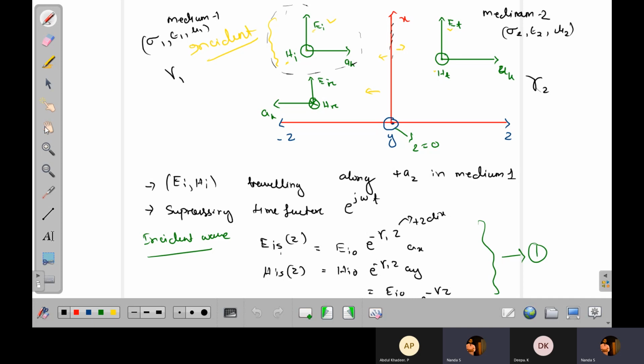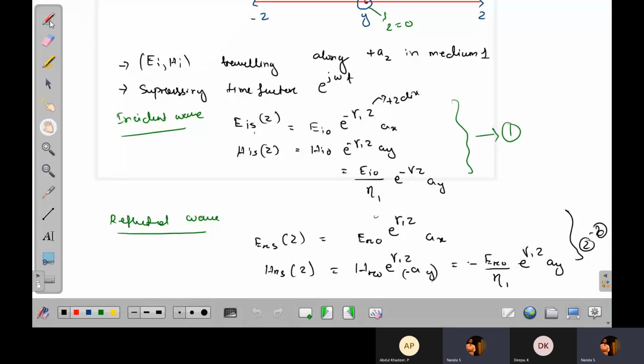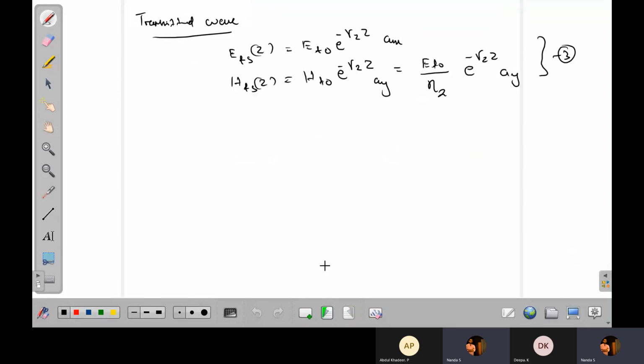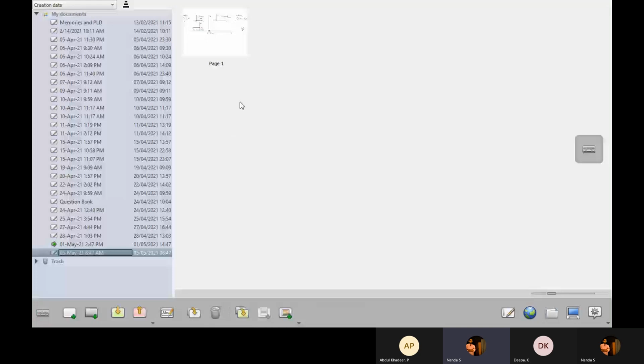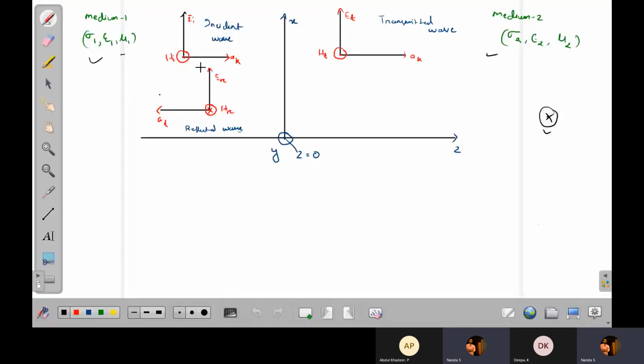So this is how we have written the incident wave, and EIS, HIS, ERS, HRS, and ETS, HTS. The transmitted signal in phasor form with the space variable Z is ET0 times e to the power minus gamma Z. So these things we have written. Now from those equations we will try to derive some more simple equations, not very difficult ones.